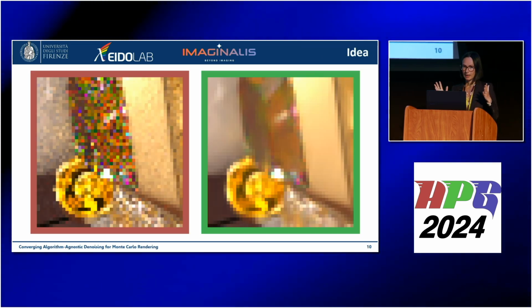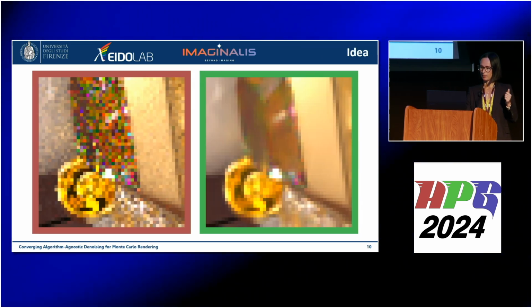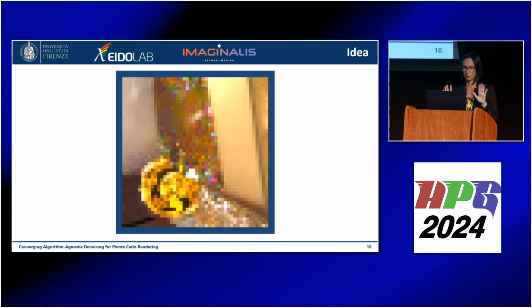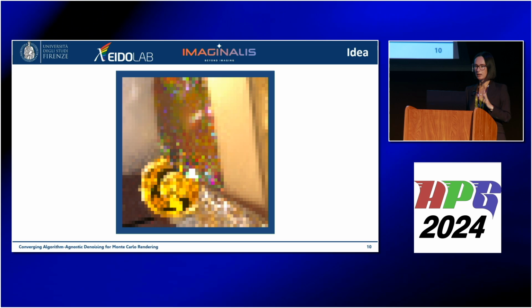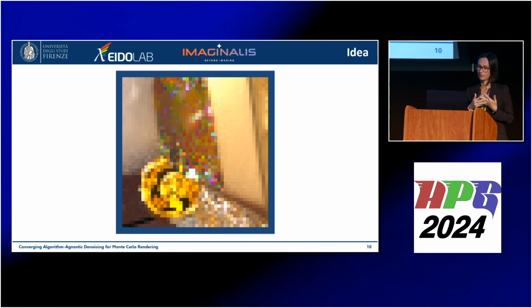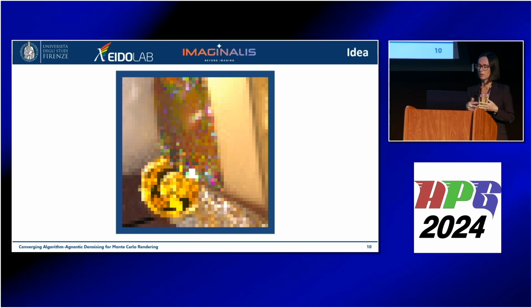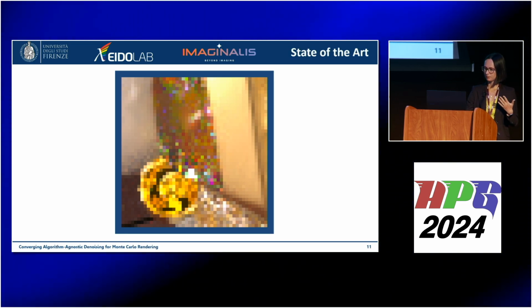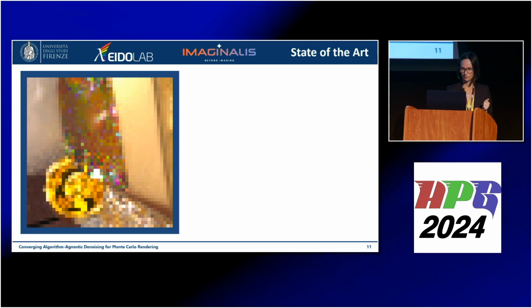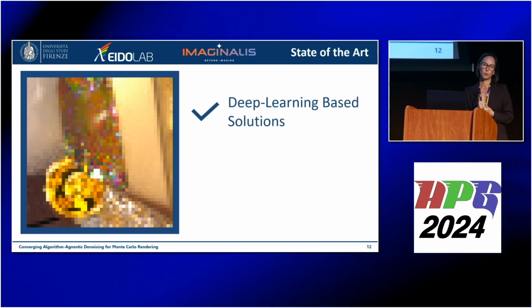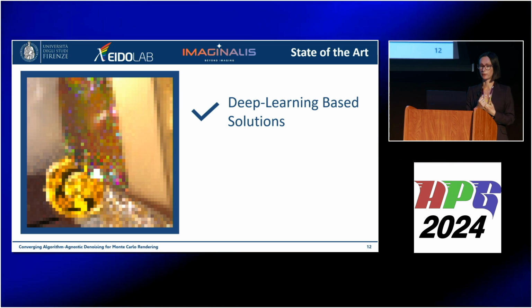So it can be beneficial to actually blend the noisy Monte Carlo estimate with its denoised counterpart. The idea is to recover the fine details that can be missed during the denoising, meanwhile preserving the denoised areas where needed. Unfortunately, all the practical solutions proposed so far are deep learning based.